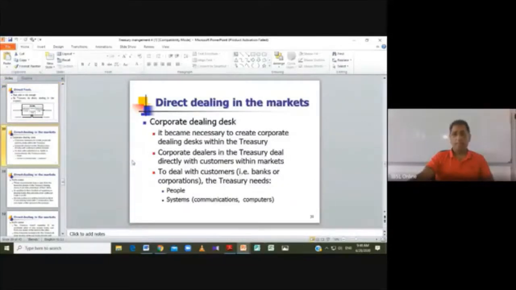We have a corporate deal in there. In other words, there's a section in Treasury that actually deals with clients. This section would go out and talk to clients about doing FX swaps, debentures, derivatives of other sorts, so that they have direct contact with clients and make sure that we generate the best outcome for the bank from the Treasury. The difference here is that it sits within the Treasury function itself.